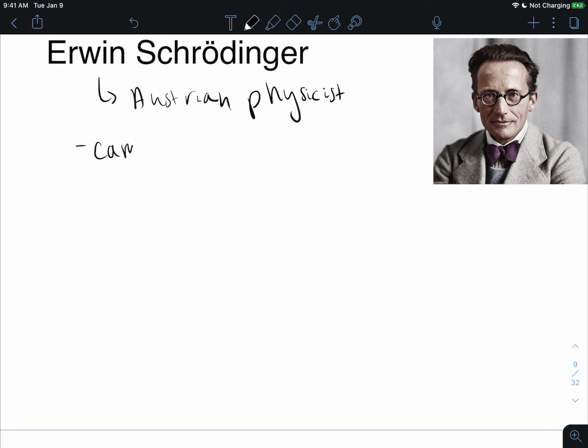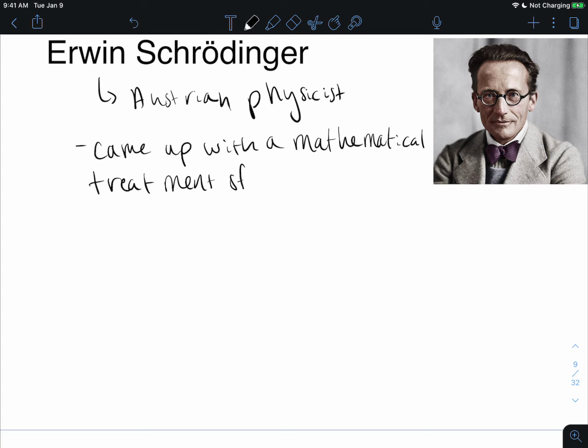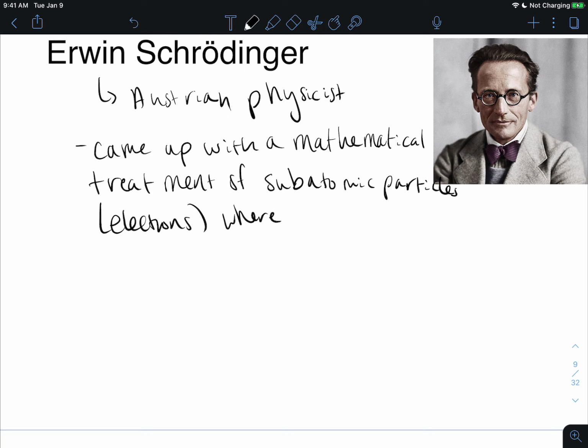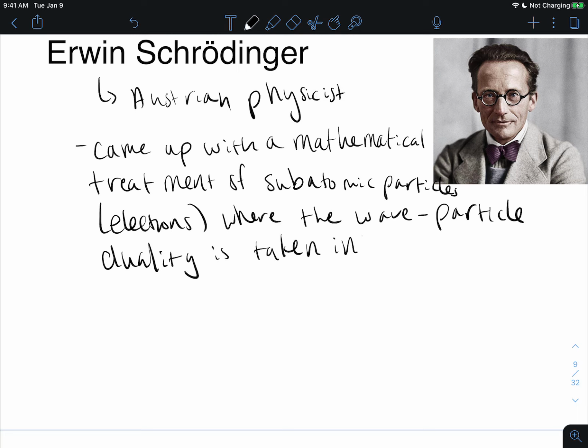He came up with a mathematical treatment of our subatomic particles, mostly our electron, where the wave-particle duality is taken into account, and mostly really the wave characteristics.